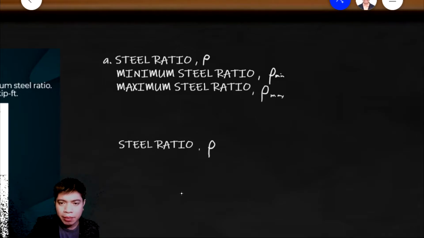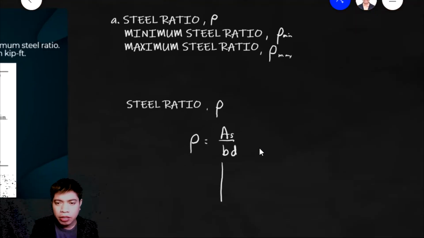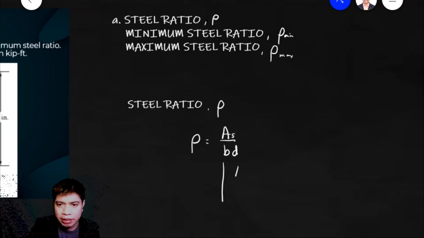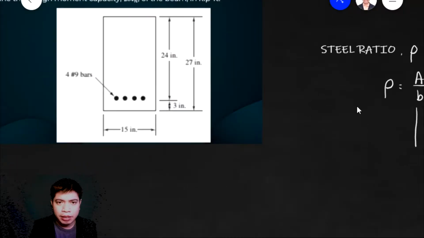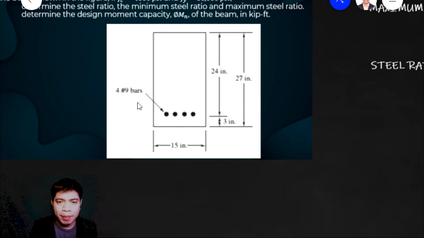Okay, so of course alam natin na yung formula ng ρ, that is the steel ratio, is ρ equals As over bd. So yung As dito guys is the area ng steel. Tapos of course yung b is the width and yung d dito is the effective depth. Okay? So i-compute muna natin guys yung area ng steel. So meron tayong apat na number 9 bars.